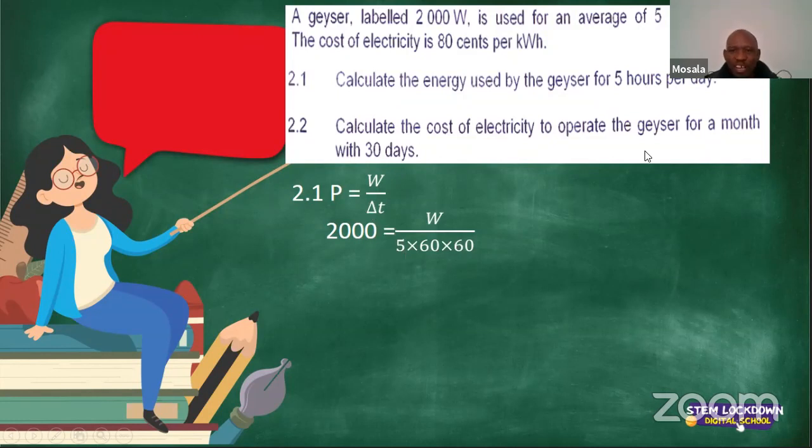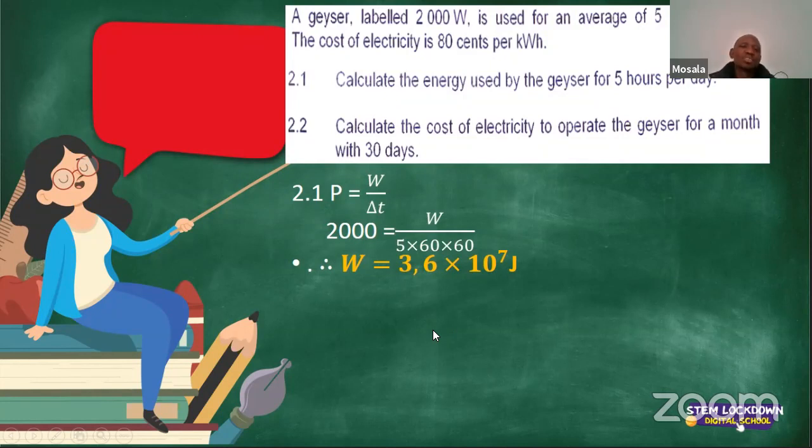So it's 5 hours, but there are 60 minutes in an hour and 60 seconds in a minute. That is why we multiply by 60 twice. Right, therefore, the energy that will be used by the geyser will be 3,6 times 10 to the power 7 joules. So it means it's 3, 6, and 6 zeros in the other version.